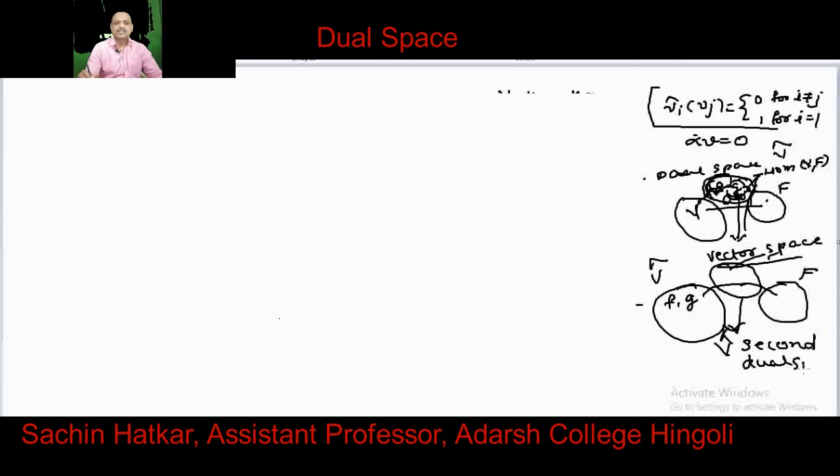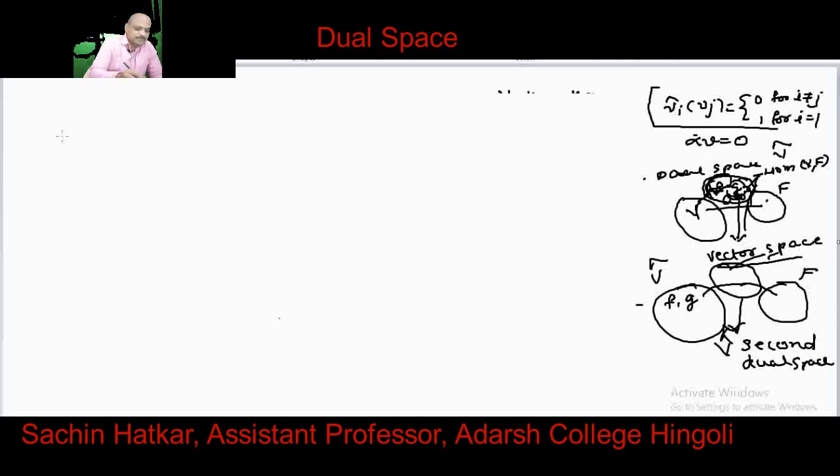Look at this. What is the domain set of a dual space? The domain set of a dual space is a vector space V, and the domain set of the second dual space is V cap. Likewise, we can define a second dual space. I will write here the definition of second dual space.